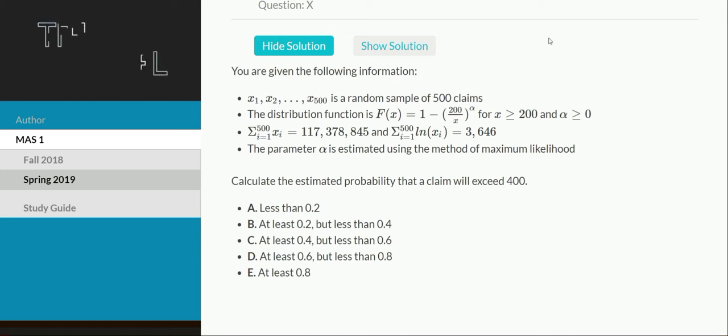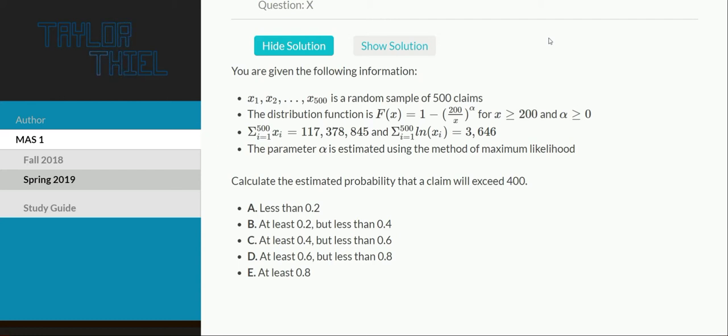The summation of x subscript i from 1 to 500 is equal to 117,378,845, and the summation of the natural log of the x subscript i's from i equals 1 to 500 equals 3,646. The parameter alpha is estimated using the method of maximum likelihood.